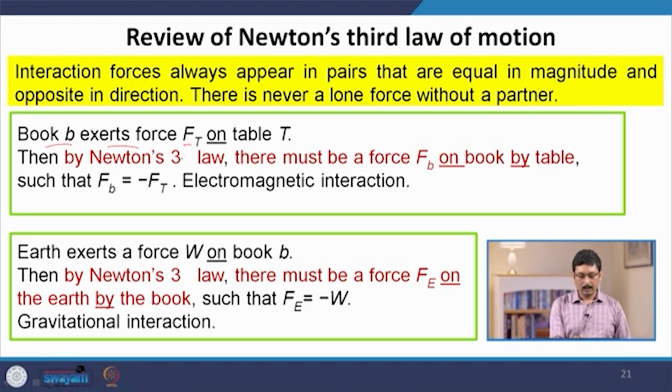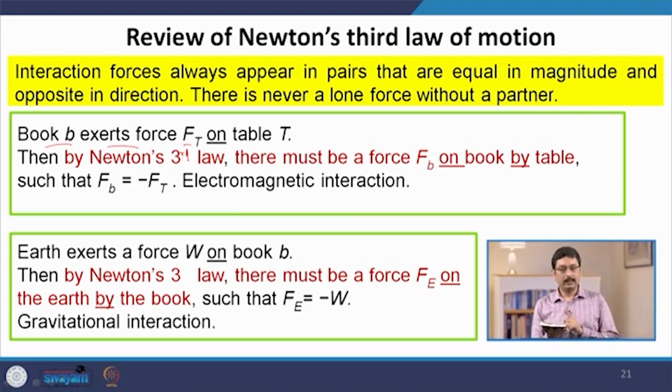This is the significance of Newton's third law. It is easy to see that book B, because it is sitting on the table, is going to exert a force on the table.